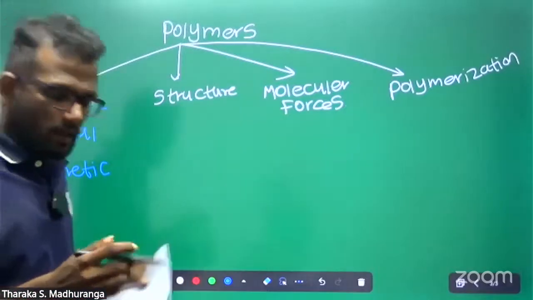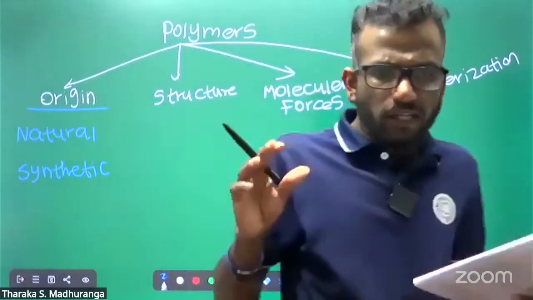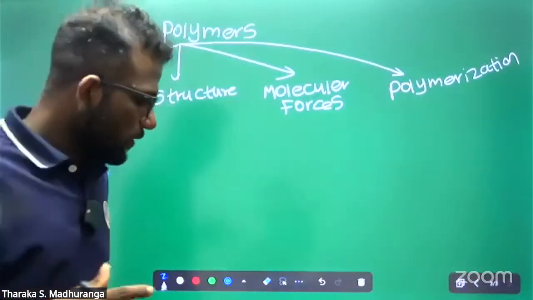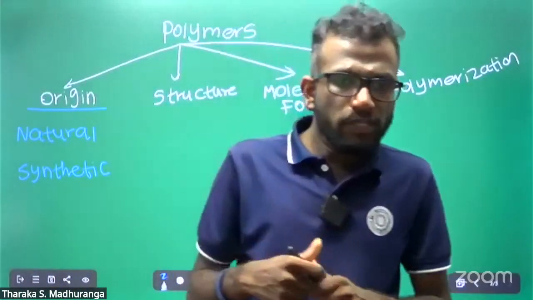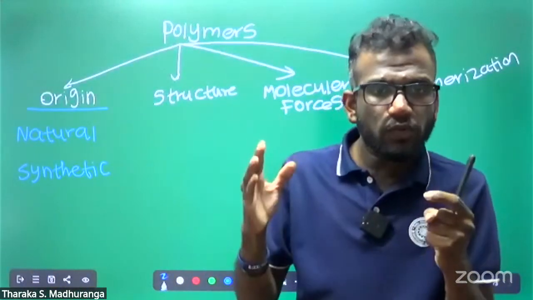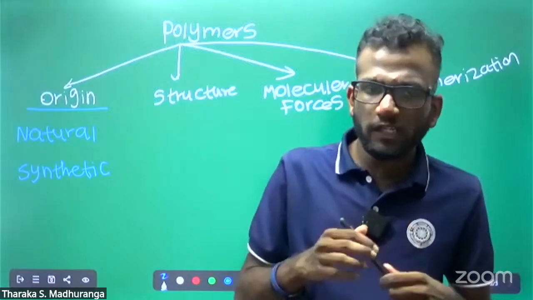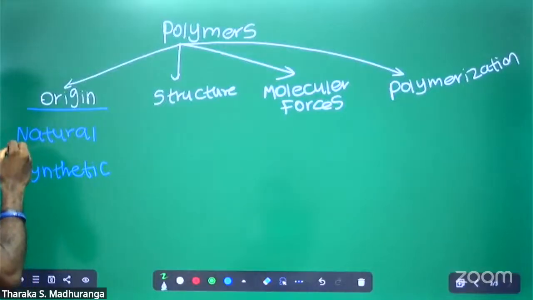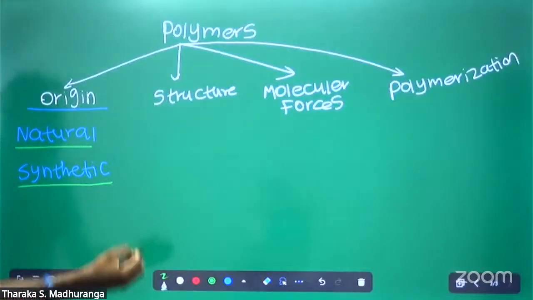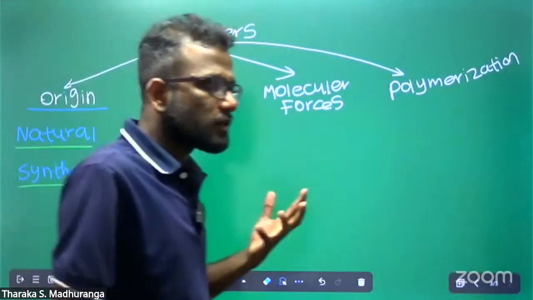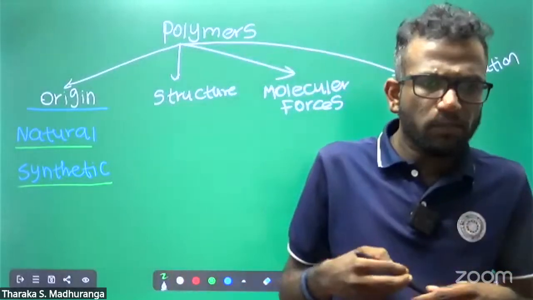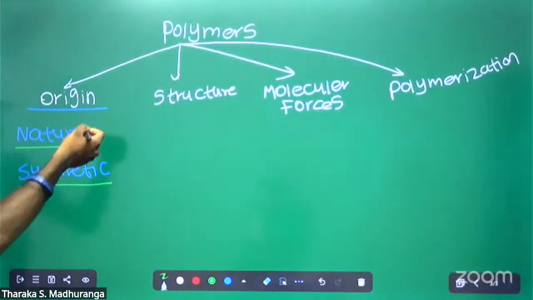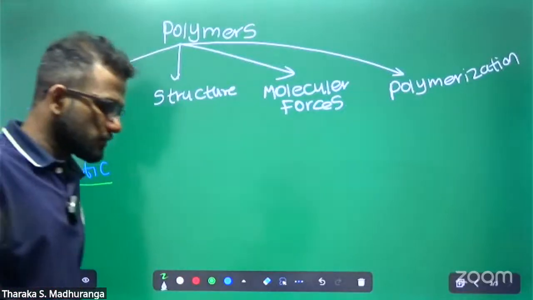In the tute semi-synthetic polymers are also given, but in general, according to the origin, polymers are mainly two types: natural polymers and synthetic polymers. The first one is natural polymers. The second one is synthetic polymers.